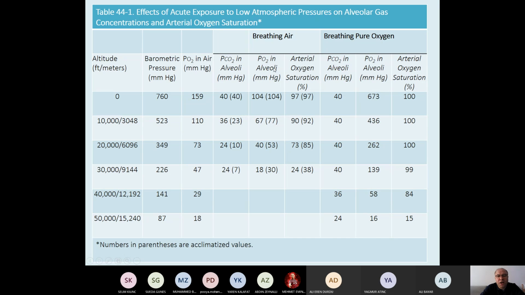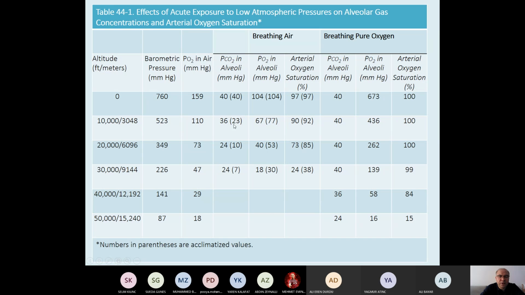So oxygen in the alveoli will be decreased, as you see, to 67 millimeter mercury in an unacclimatized person, and 77 in an acclimatized or adapted person, okay? Staying in this environment for a long time causes adaptation, called acclimatization. Carbon dioxide concentration goes down to 36.